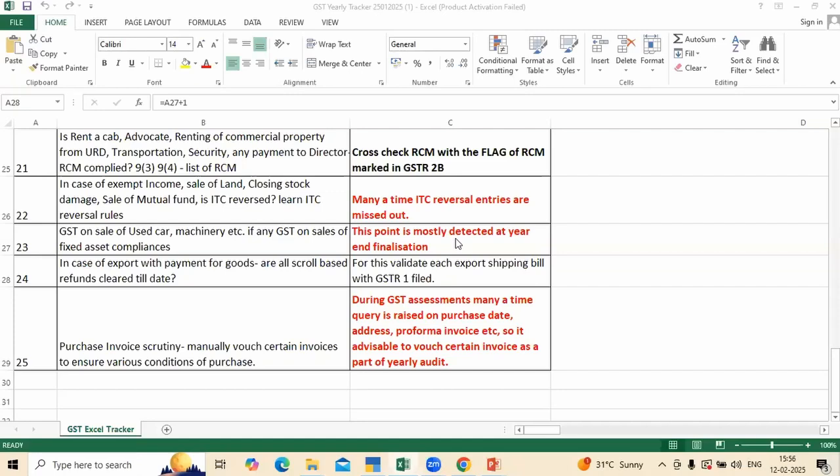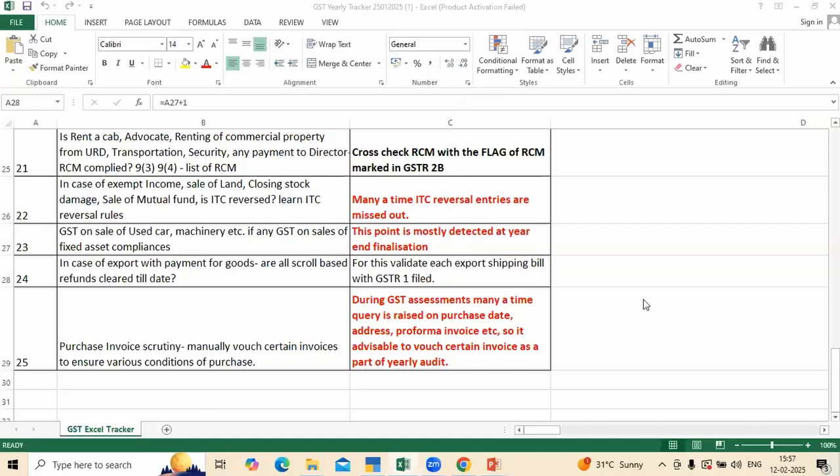If that period pertains to the next period, the department will ask you to pay interest. Because this input credit was eligible in the next year, but you are enjoying the benefit of it in the current year. So better to claim during the period to which it actually pertains.